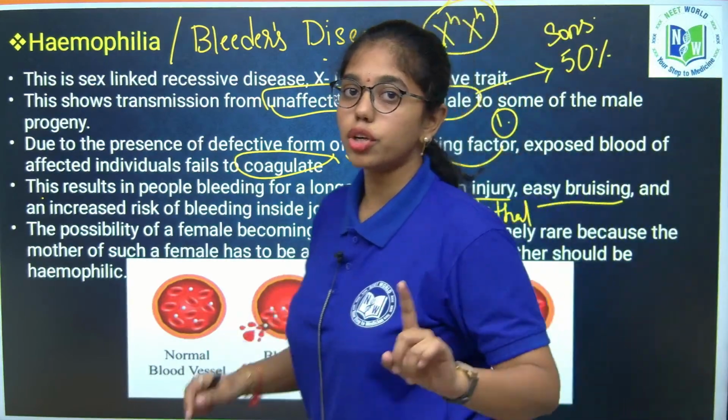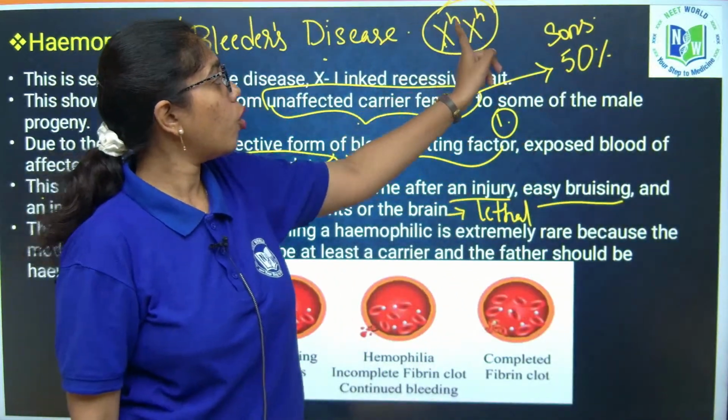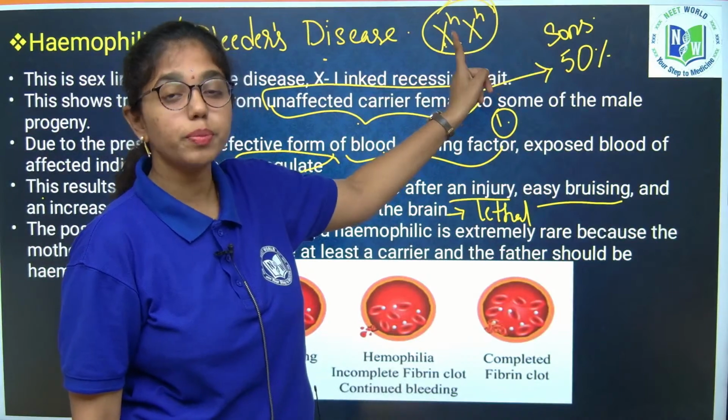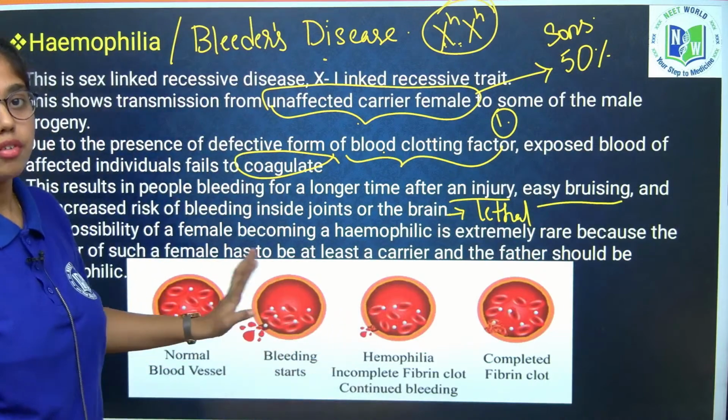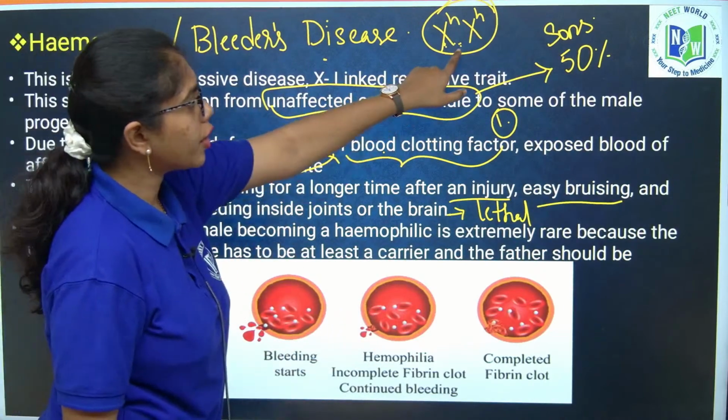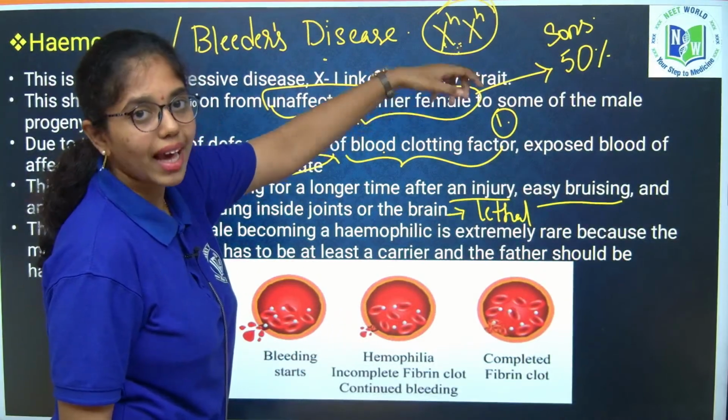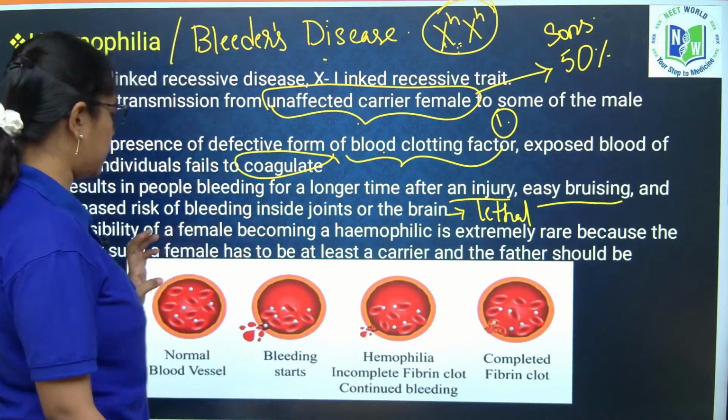In that condition only will homozygosity of X chromosomes occur and hemophilia appear in females. This is not at all likely, and if it happens, they are lethal at the embryonic stage.